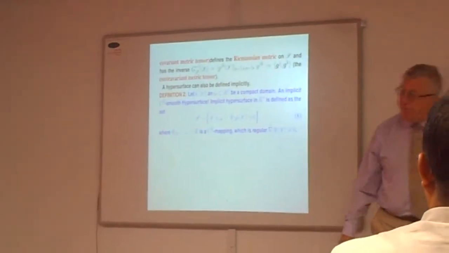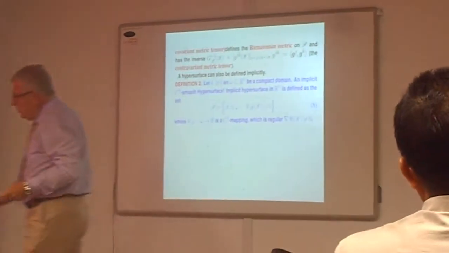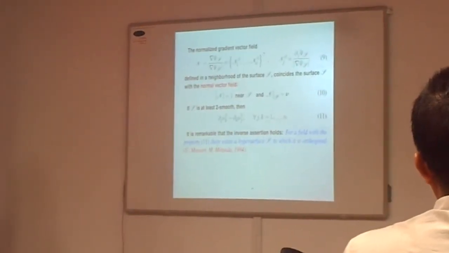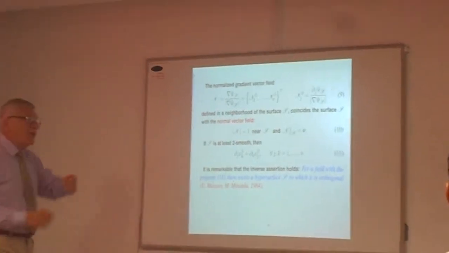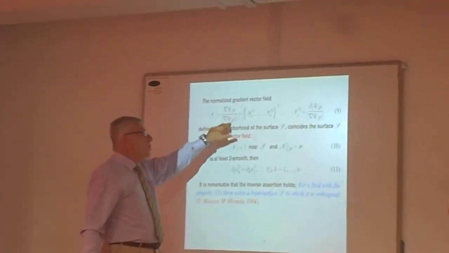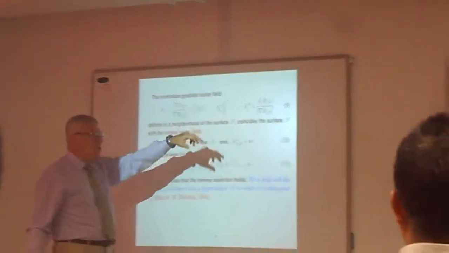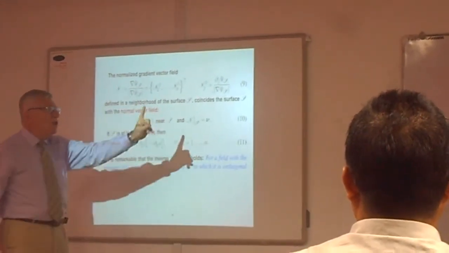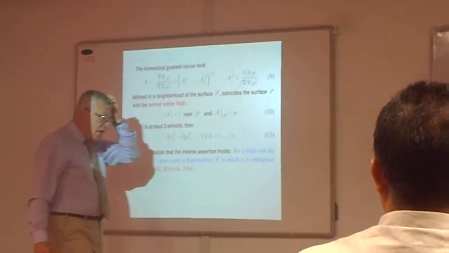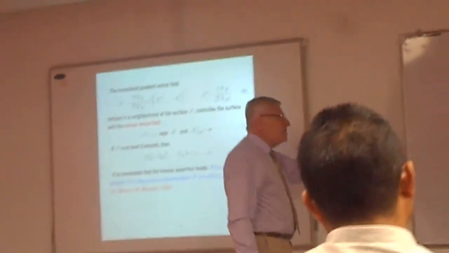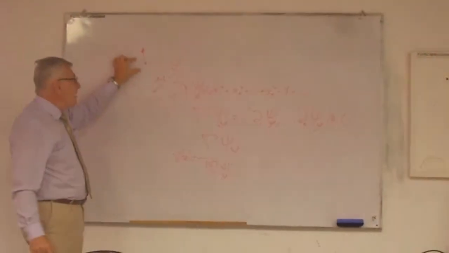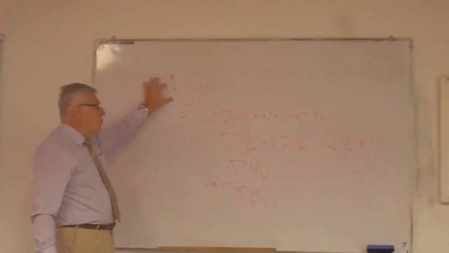Okay. Now let us consider what I have written here. The normalized gradient of our implicit function, which gives you the surface, gives you the unit normal vector field. And also what is good, this function is defined not only on the surface, but in the neighborhood of the surface.